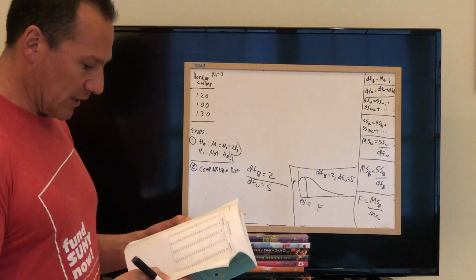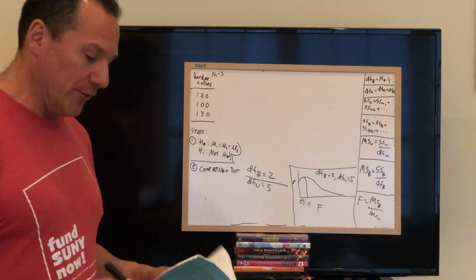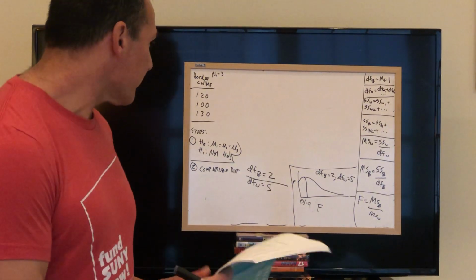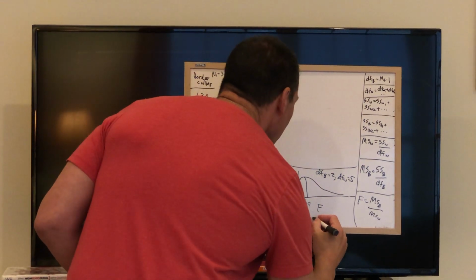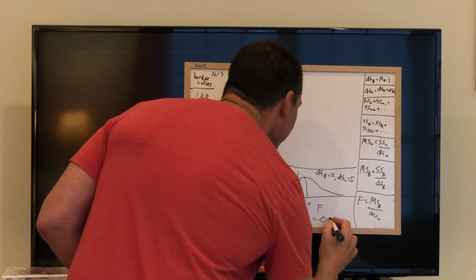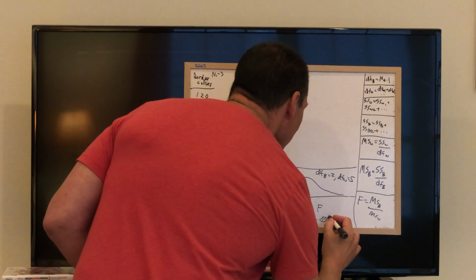So let's take a look at our F distribution, which starts on page 331. I didn't give you alpha, but let's say that alpha equals 0.05. We're going to start with our standard alpha.